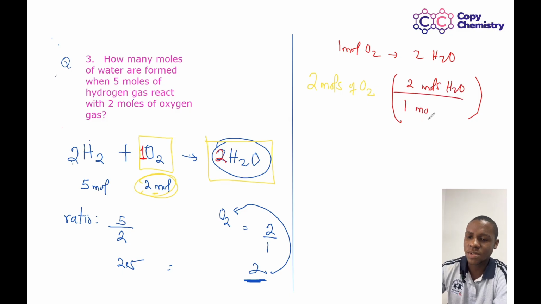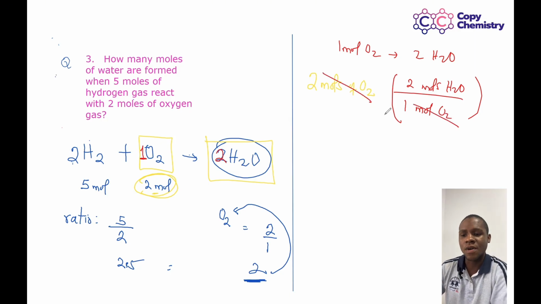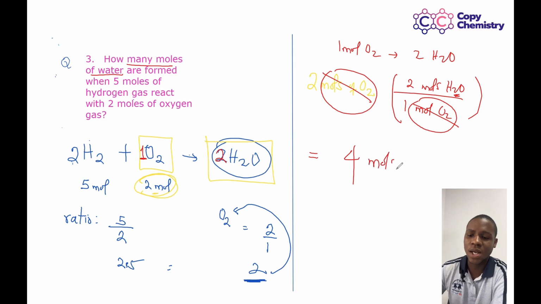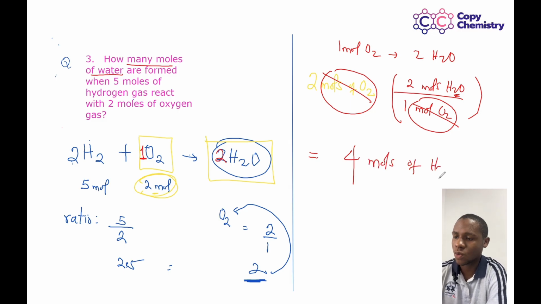This way, this cancels out this, so you know that you're on the right track because you have arranged it this way, such that the moles of oxygen can cancel out, and you'll be left with moles of water at the numerator. And that's because you're asked how many moles of water are formed. So it all makes sense. When you multiply that out, you'd have 4 moles of water, and that is the answer to the question.